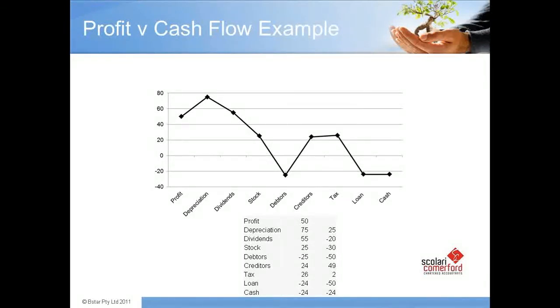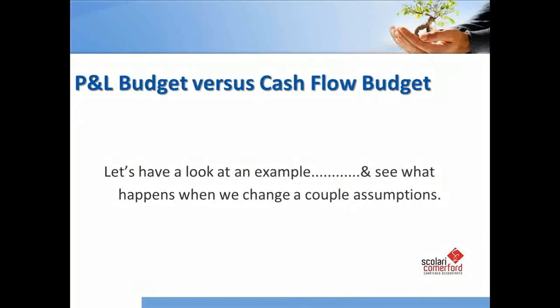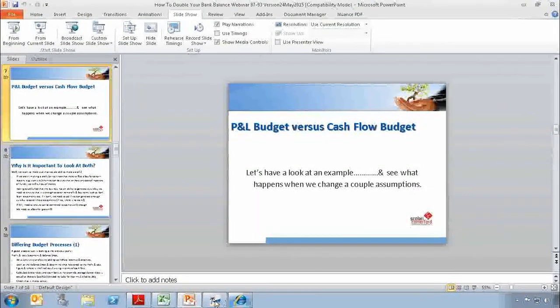That'll be looking at your debtors to see if we can improve the collection rate, etc. So once we've gone through that, clients will have a better understanding of why they might not have any cash and what they can do to fix it. So let's have a look at an example and see what happens when we can change a couple of assumptions.